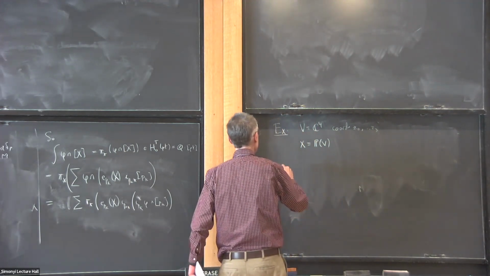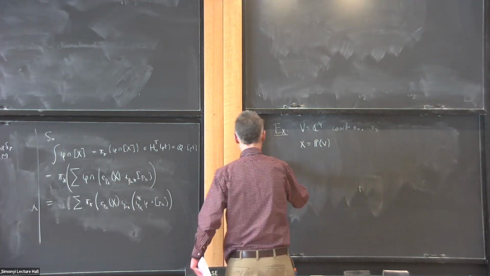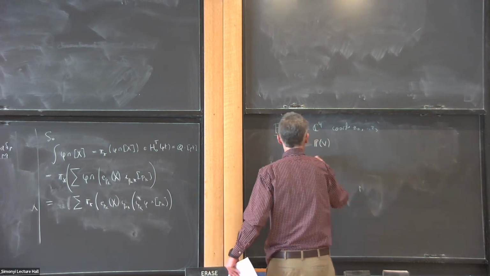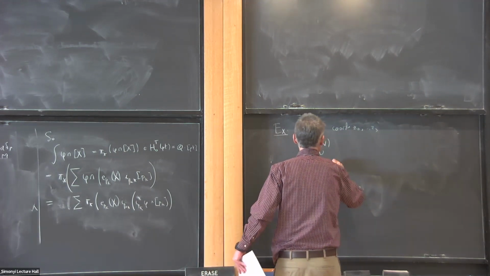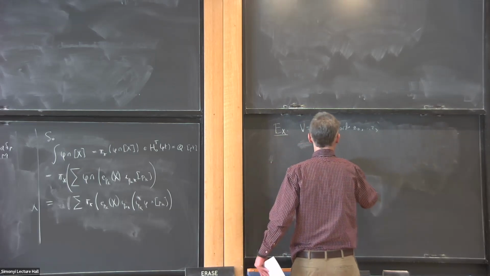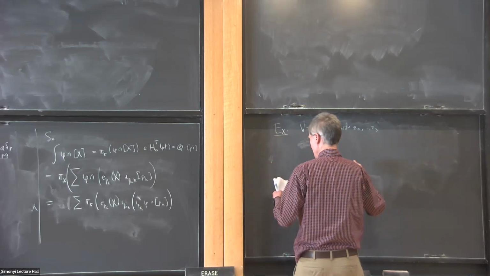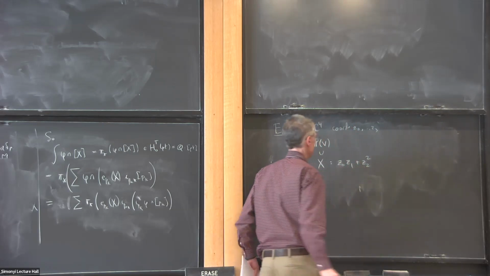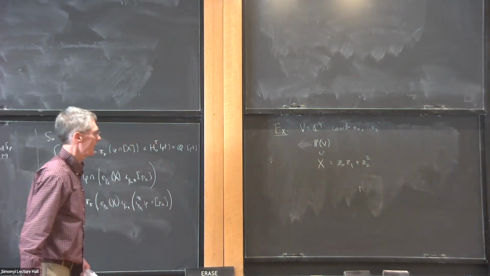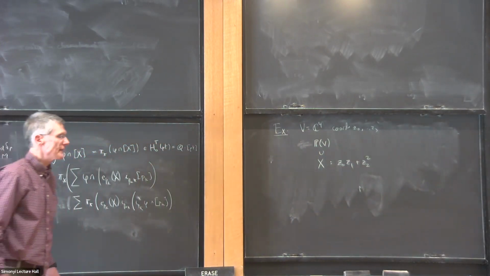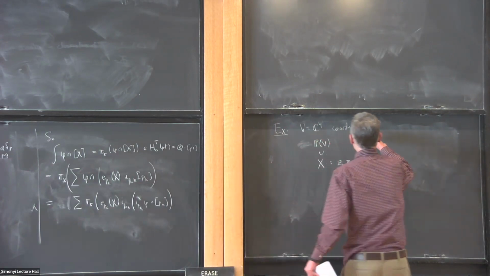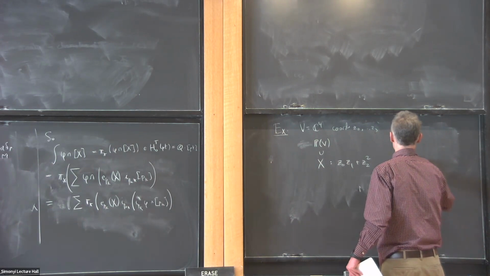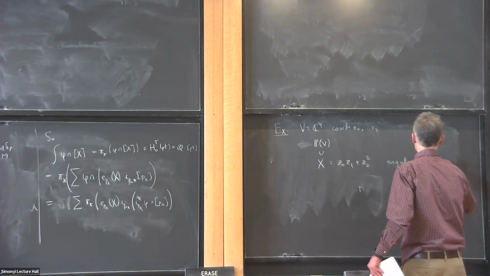I want to let X be defined by the equation Z0 Z1 plus Z2 squared. In P(V), that's a quadric in P of V. Now this is a singular quadric because the point Z3 is not involved. So this is singular at the point p3.